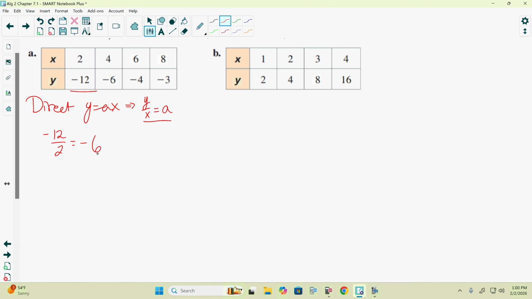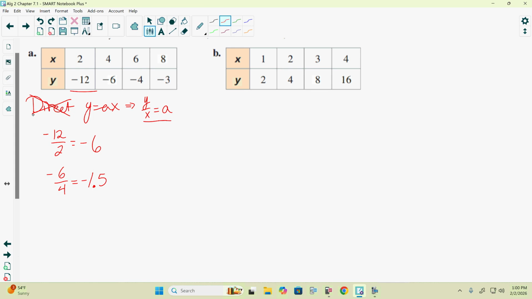And if it is, then it is direct variation. So we would look at the next one, which is negative 6 divided by 4. Negative 6 divided by 4 is negative 1.5. Are those the same? No. So we know it is not direct variation, because that value of a has to be the same across every term.